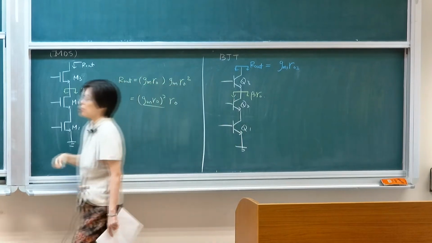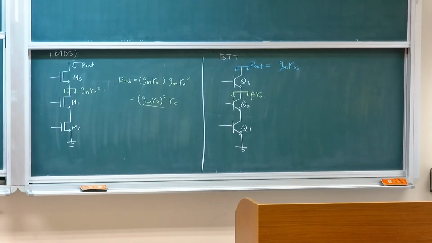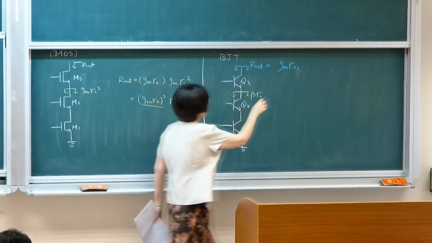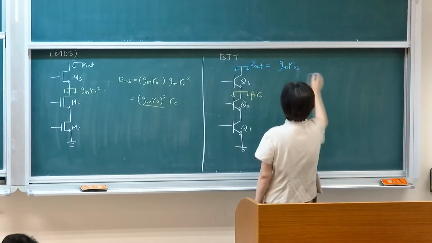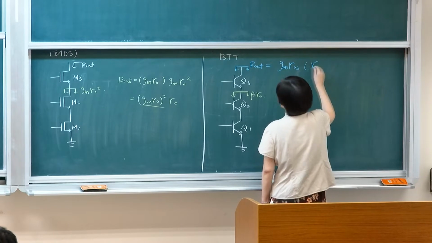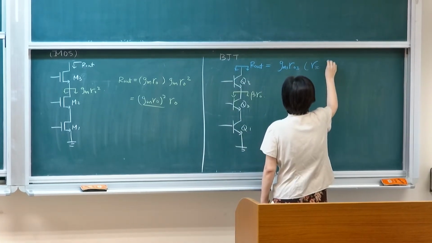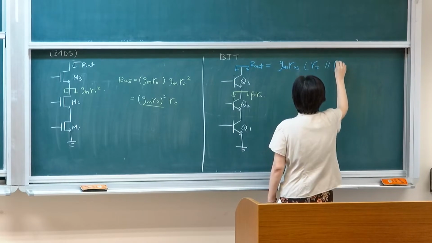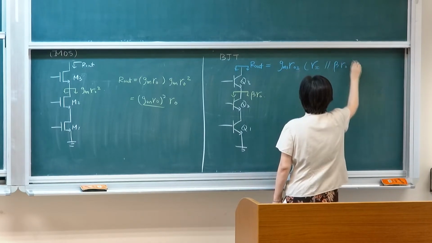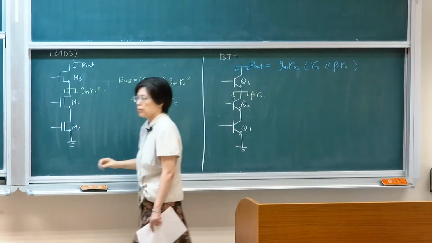Just make sure that you know that it's being amplified by the top transistor. And then following that, it will be RO, R pi in parallel beta RO. OK?